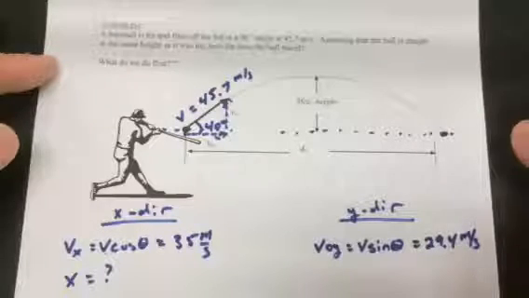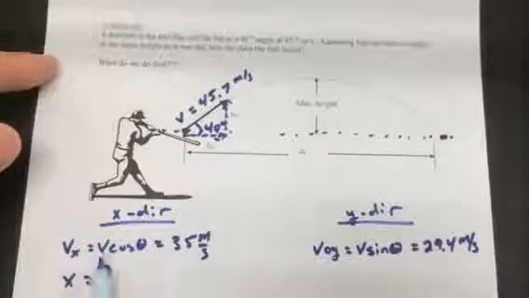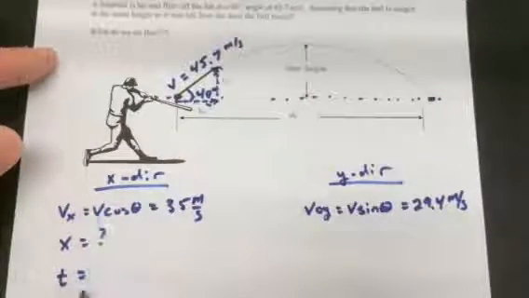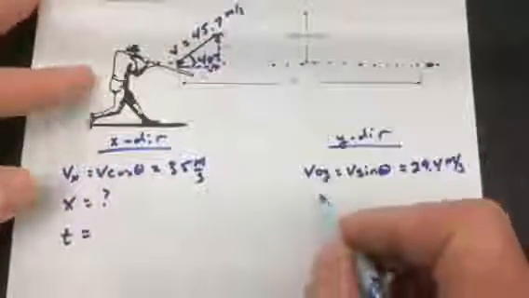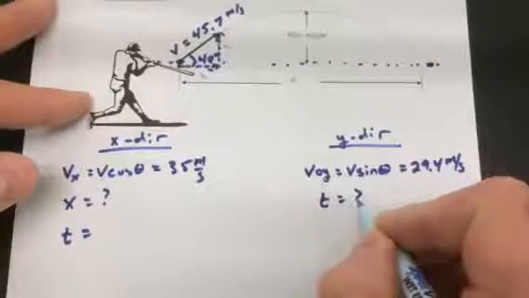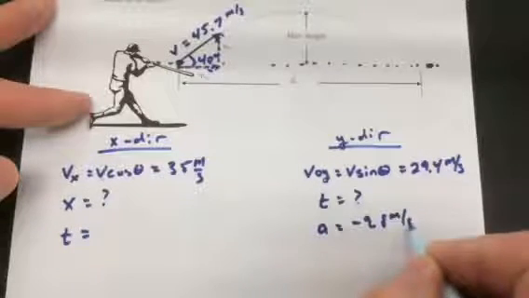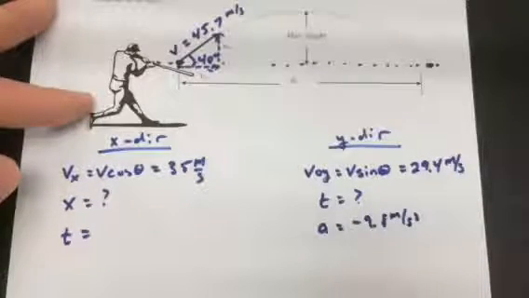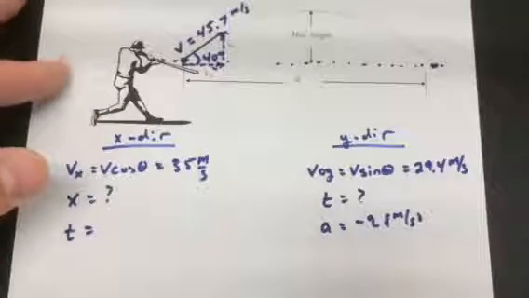So this is a common type of problem where they ask you to solve for something in one direction, but you have to find time in the other direction first. So we know in the y direction we're going to have to find that time. It's still free fall, so gravity is negative 9.8 meters per second squared, and we have a couple options now.